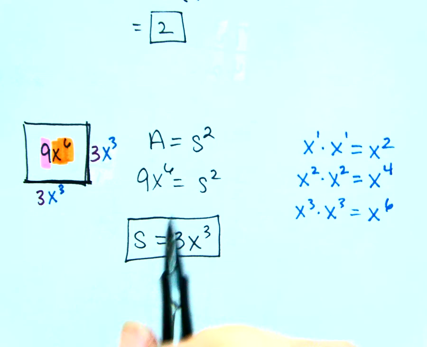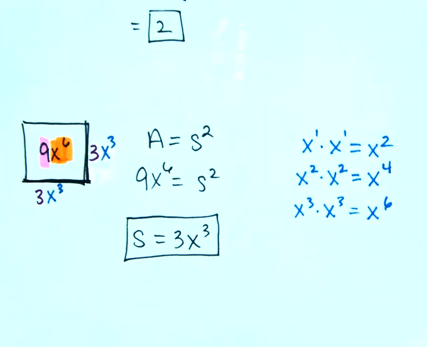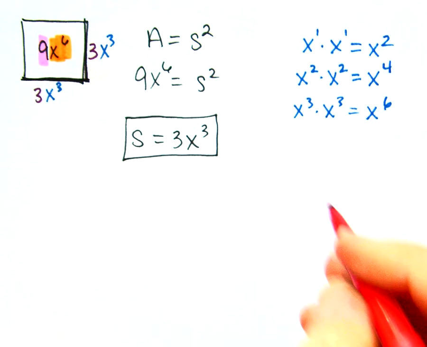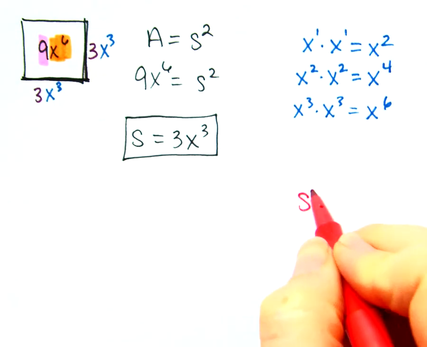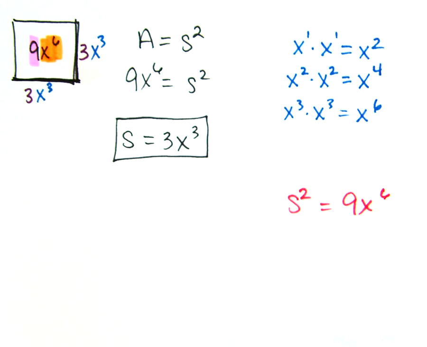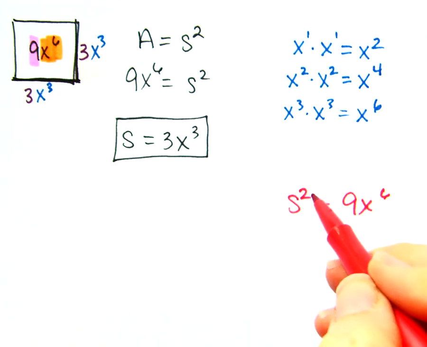Now, remember I told you, little side note for all you brilliant peoples, I told you that square root and 1/2 was the same thing. So one thing that I could have done that probably nobody thought about is I could have said, okay, I know side squared has to be 9x to the 6th. But I don't want side squared, I just want side.